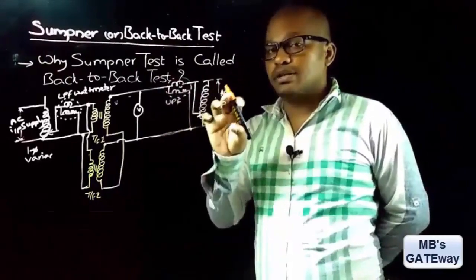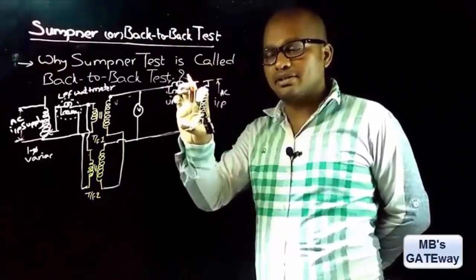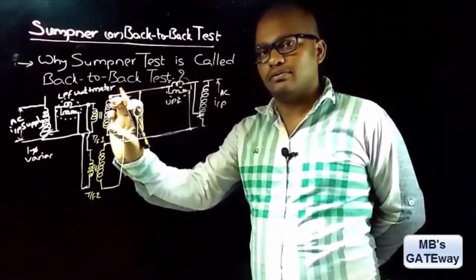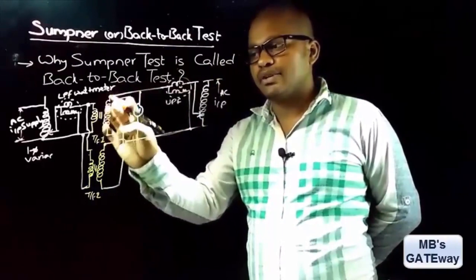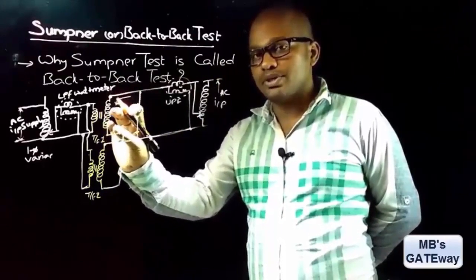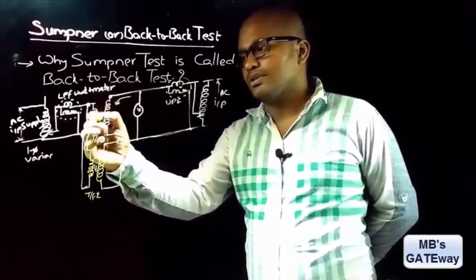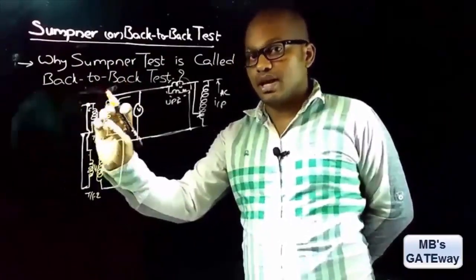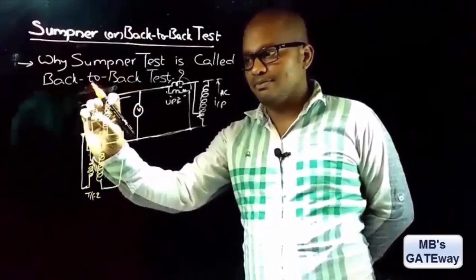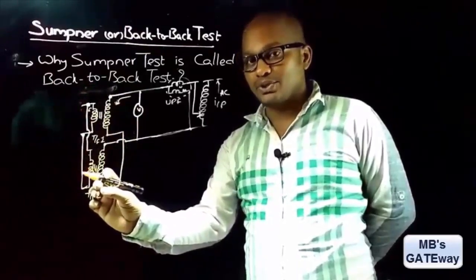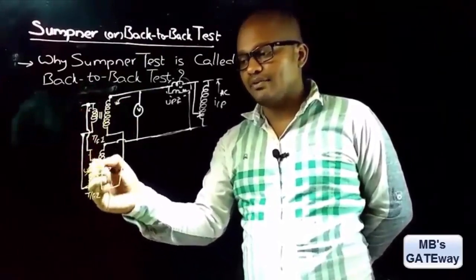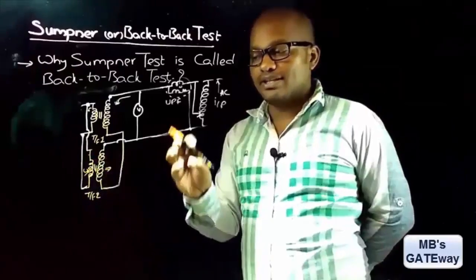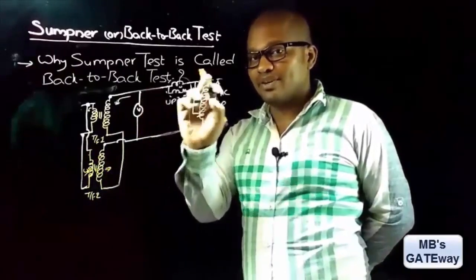Now observe, let us suppose that input is provided from this side. Transformer 1 receives the input supply from this side, and as this side receives power, the power is transferred to the other circuit, this side. For simplicity, let's forget this circuit. Now check that the output of this side is received by transformer 2 as input, and as this side is receiving power, the power is transferred to this circuit. Similarly, to keep this side simple, let's forget this circuit.